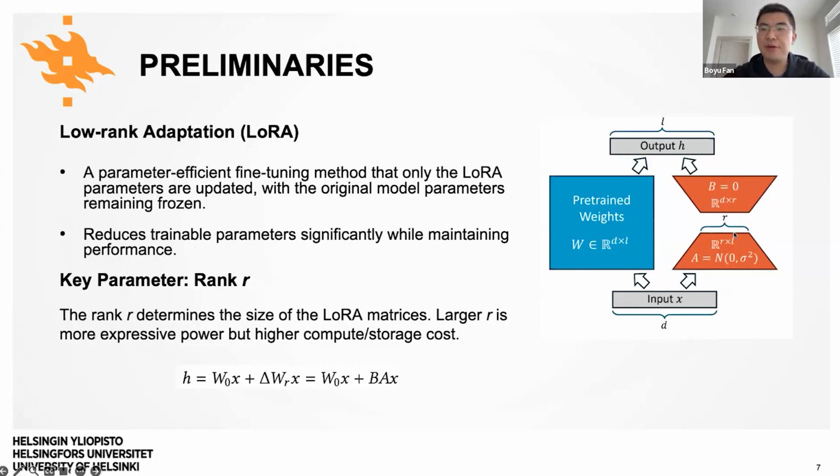But if we give R a very big value, it can become very similar to the original one, because it depends on R. So the forward path, which originally was just W0x, now has this B and A. We keep the original frozen and train B and A.